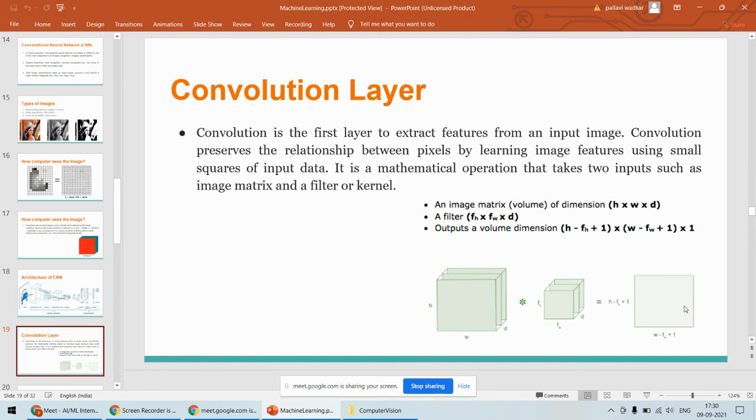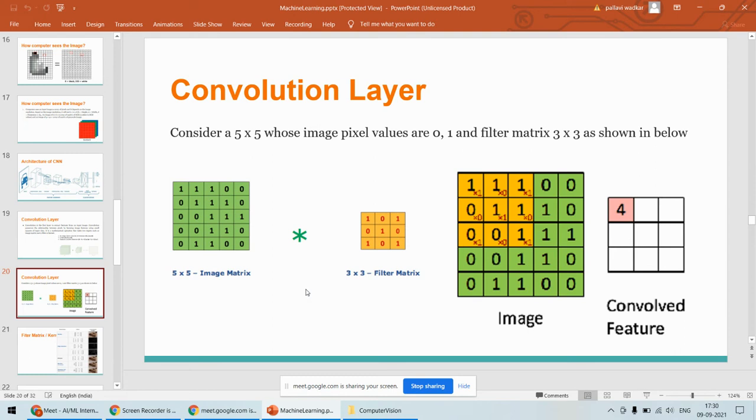So this is the convolution operation: the larger matrix is the image, it is convolved with the filter matrix, and we get this output. Now let's understand how convolution works.